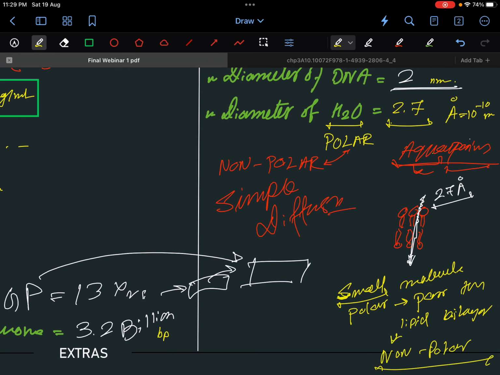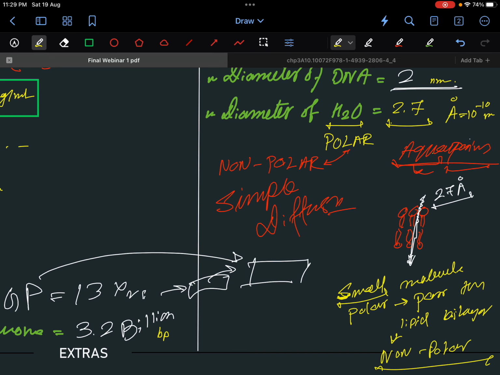So this is the concept, that small polar molecules, and obviously non-polar molecules, can diffuse through the lipid bilayer. Small polar molecules can also pass through the lipid bilayer membrane by simple diffusion. So why do we need aquaporins? Because simple diffusion is a very slow process, and we cannot completely rely on it.